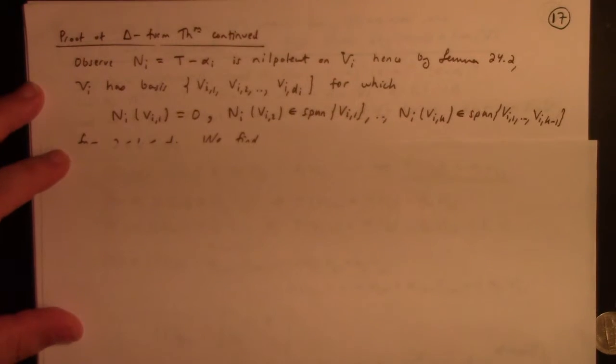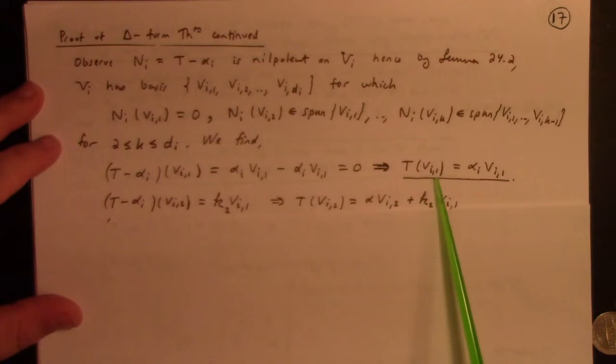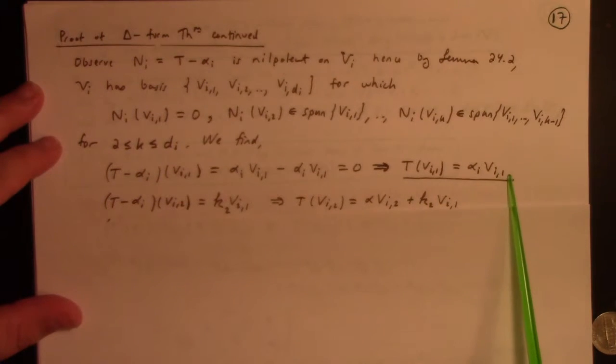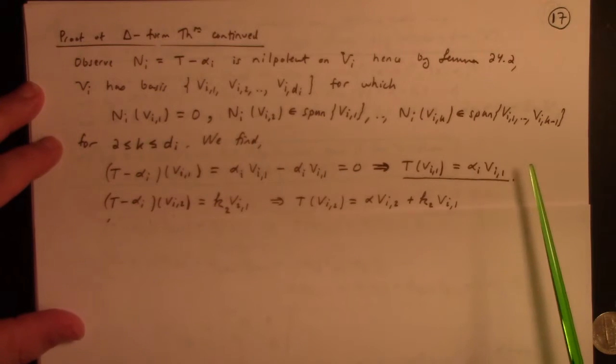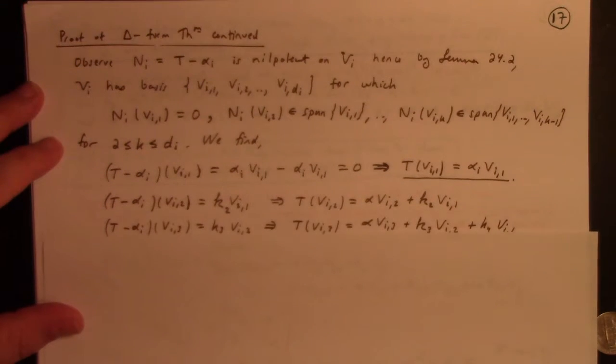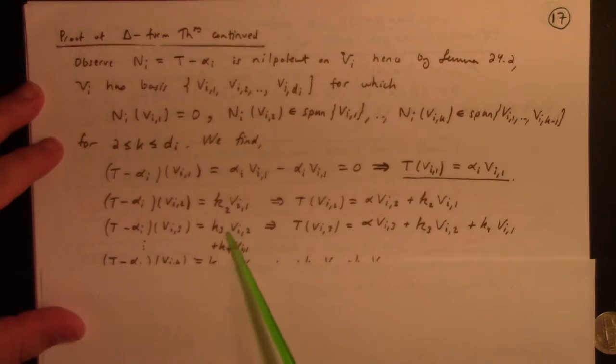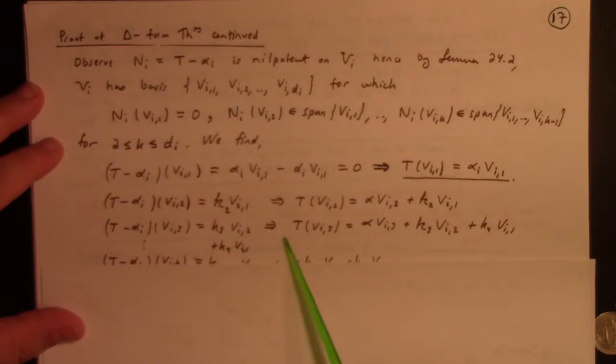And so what that looks like is T of V i1 is alpha i V i1. And if you look at T minus alpha i V i2, you get this, which gives us that. And T minus alpha i V i3 gives us k3 V i2 plus k4 V i1, so you start getting linear combinations possible over here.